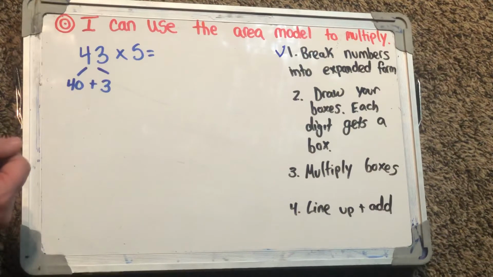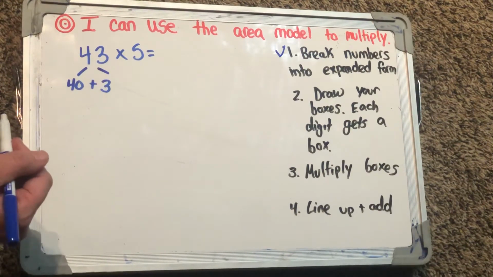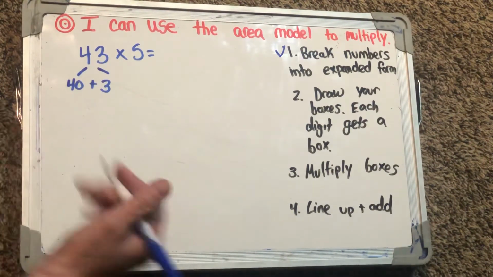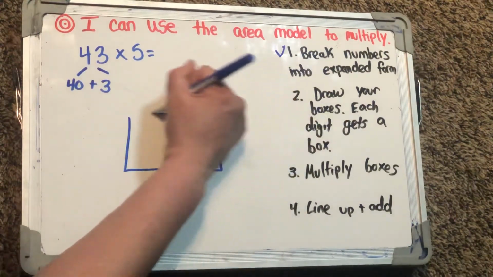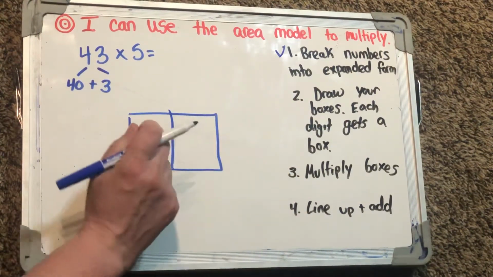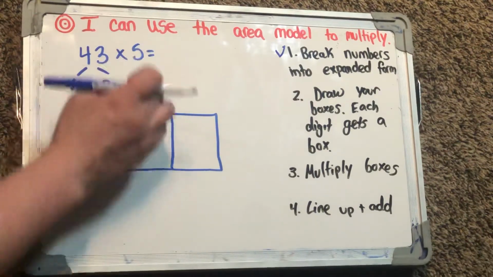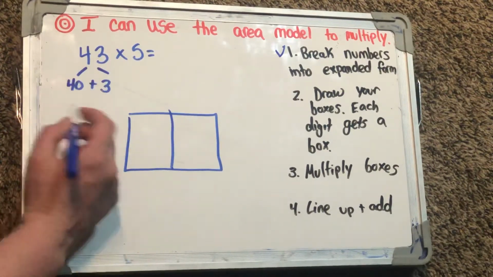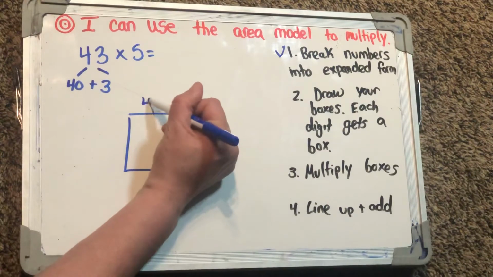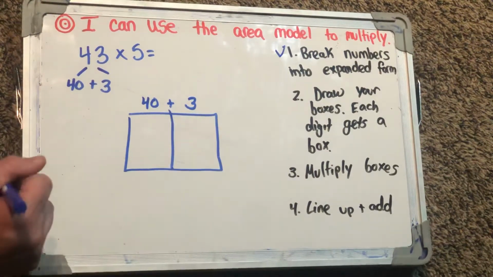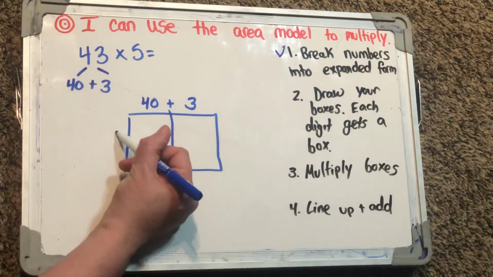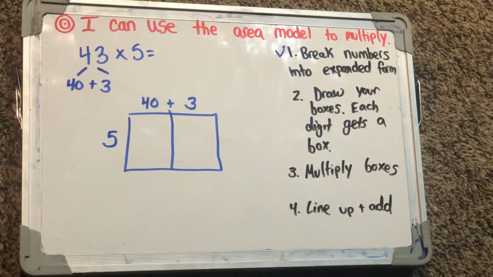Step 2, draw your boxes. Each digit gets a box. So I need to make sure I have 2 digits this way for my 43, and then my 5 can go here. So 43 is the same as 40 plus 3, and we're multiplying all of that times 5. Make sure your board looks like mine.